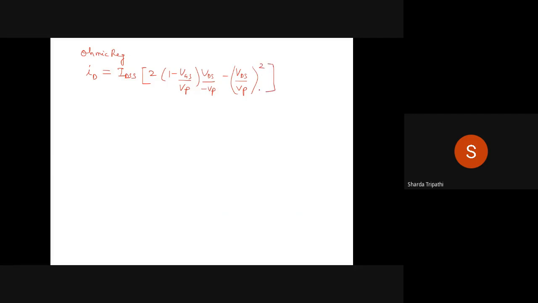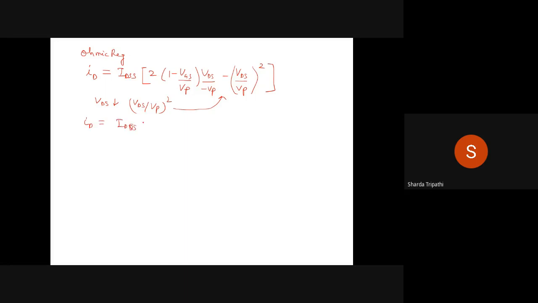So this is the equation for the drain current when the transistor is working in the ohmic region. So generally, if VDS value is very small, then you can ignore this (VDS by VP) whole square term which is appearing over here. So in that case, your ID expression will be a bit simplified.